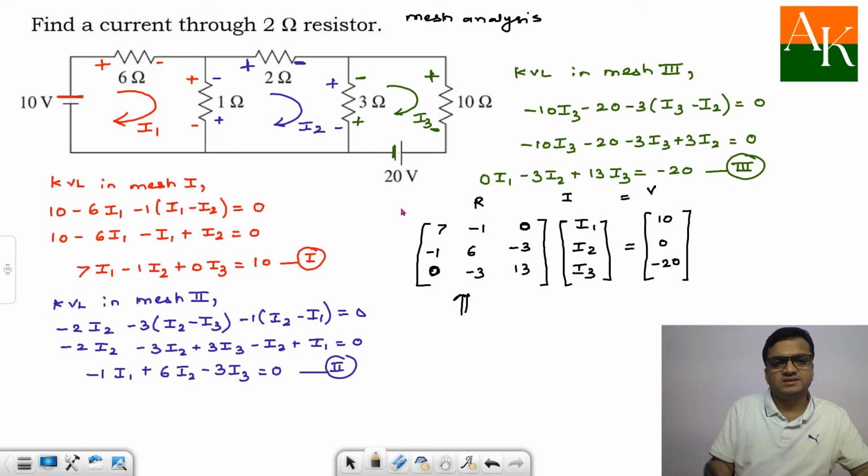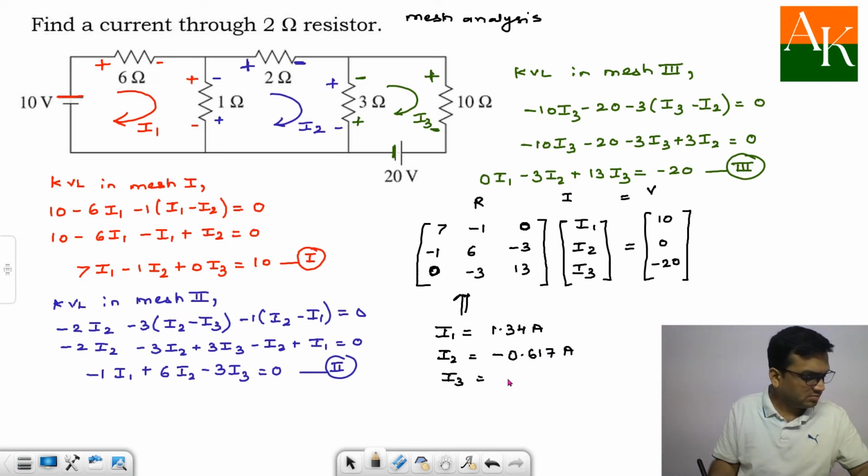After solving this on the calculator, you will get I1 is equal to 1.34 ampere, I2 is equal to minus 0.617 ampere, and I3 is equal to minus 1.681 ampere.